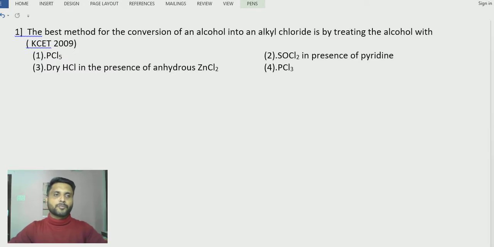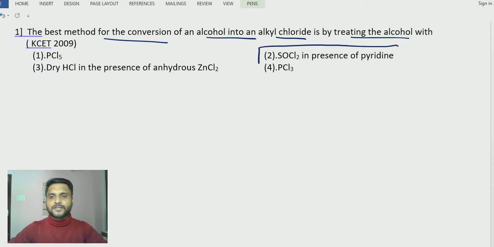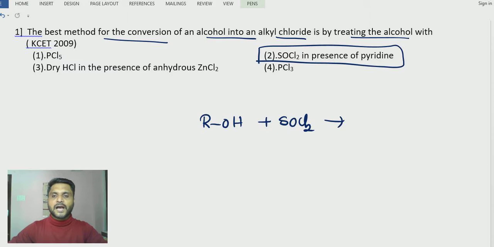Now let us solve some problems. The best method for the conversion of alcohol into alkyl chloride is by treating alcohol with dash. As I mentioned in the synopsis part, thionyl chloride is the best one because the side products are gases. So alcohol ROH reacts with thionyl chloride SOCl2 to give RCl.